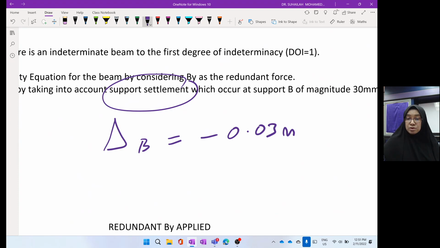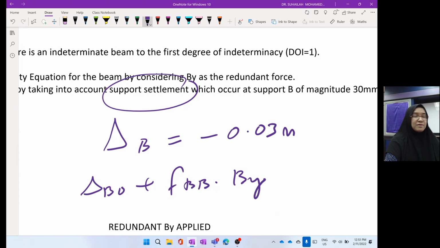Okay, so kita kan ada equation tadi. B0 plus FBB BY, even though kita pakai 1 tadi. So this is negative 0.03.